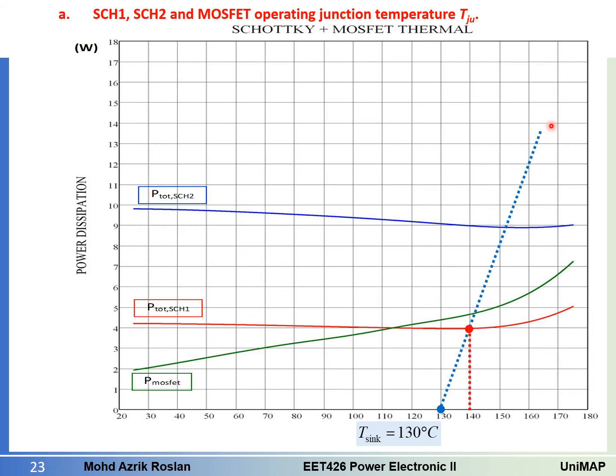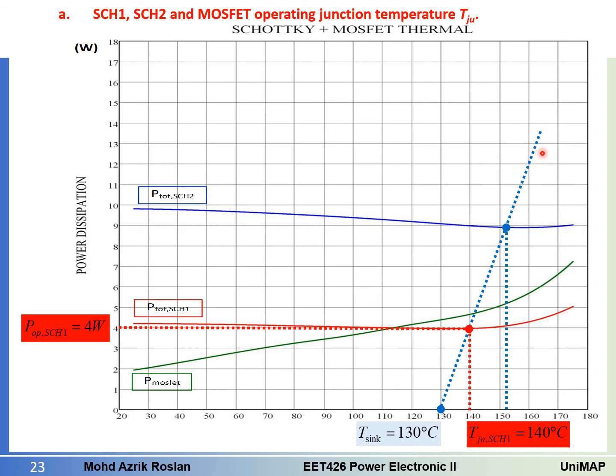And then suddenly we can get this value straight away. The junction temperature of Schottky 1 is 140 degrees C, and the power dissipated for Schottky 1 is 4 watt. Because both are having the same thermal resistance, we can use this straight line.